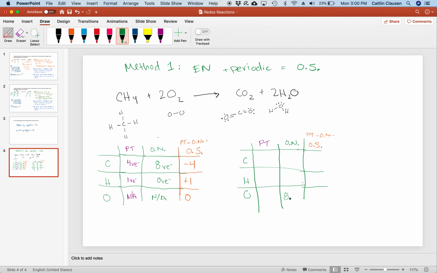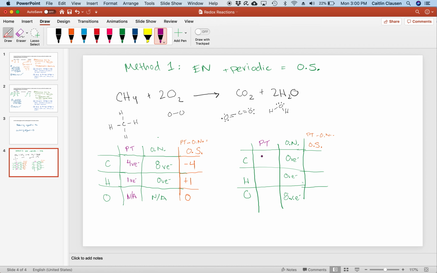We have 8 valence electrons. Carbon has 0 valence electrons. This is from the oxidation number bookkeeping. Let's check. Oxygen here should also have 8, 2, 4, 6, 8. Yep, in water. And then the hydrogens have 0.